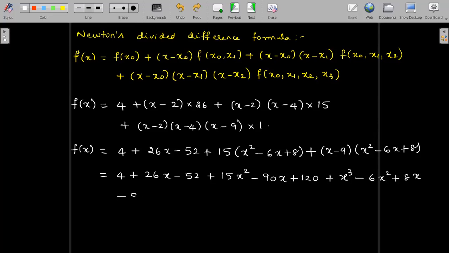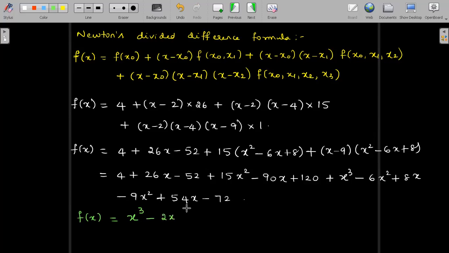So minus 9x square, minus into minus plus, 6 9s are 54x, and the last value, 9 8s are 72. We can combine all the like terms and write the polynomial. So we have f of x is equal to, combining all the like terms, x cube minus 2x. So this is x cube minus 2x, the required polynomial.